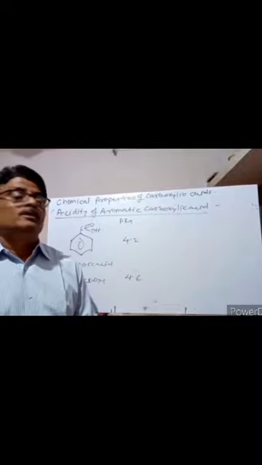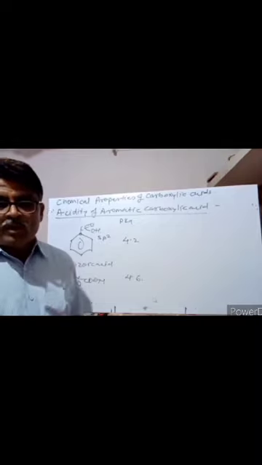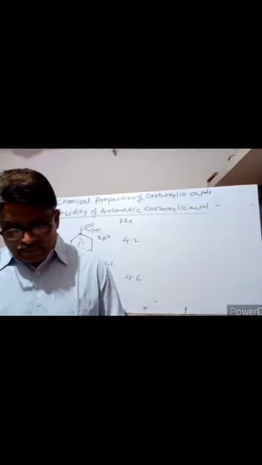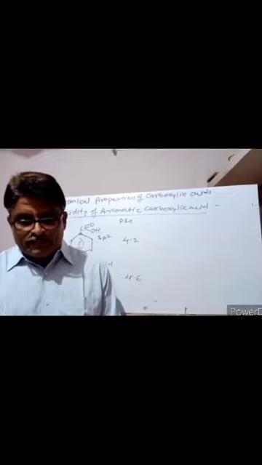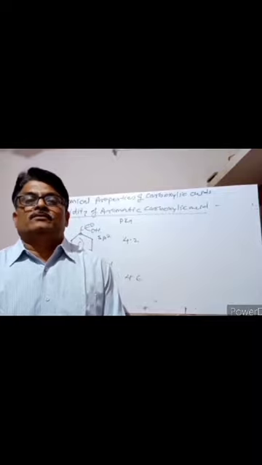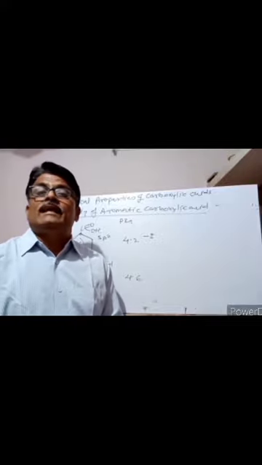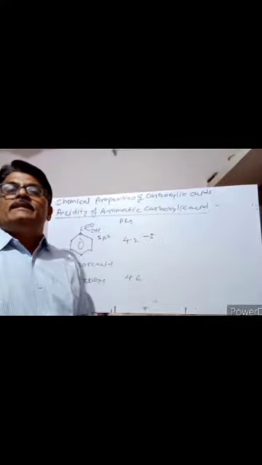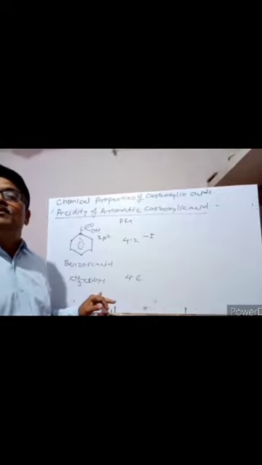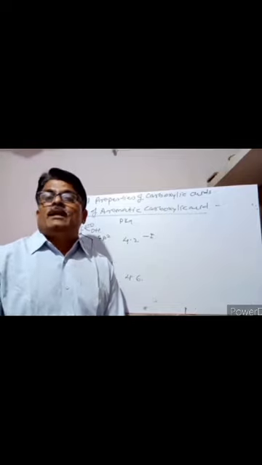The higher acidic property of benzoic acid than that of acetic acid is explained on the basis that the carboxylic group is attached to a carbon atom which is sp2 hybridized. This sp2 hybridized carbon atom of the aromatic ring exerts an electron withdrawing inductive effect, that is the negative inductive effect, which stabilizes the carboxylate base and increases its acidic property compared with the aliphatic carboxylic acid, acetic acid, in which the carbon atom is sp3 hybridized.